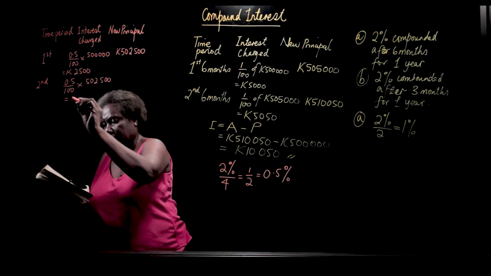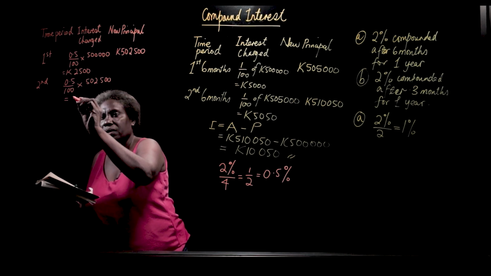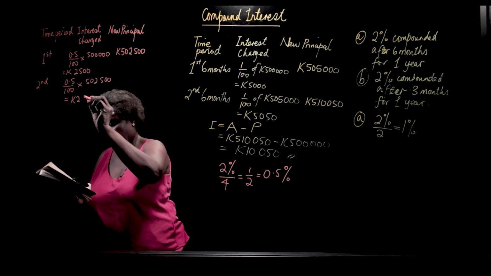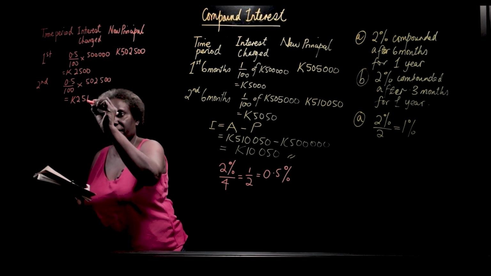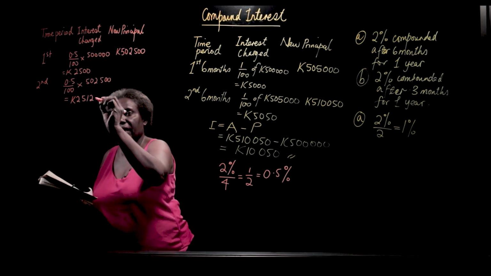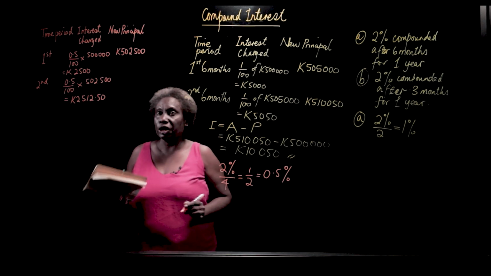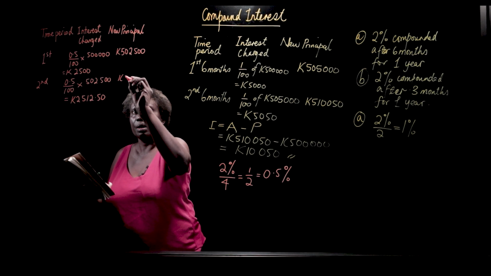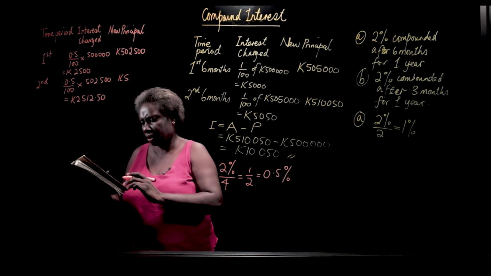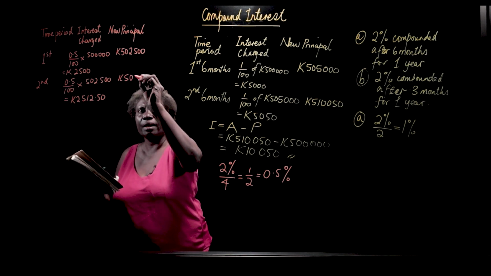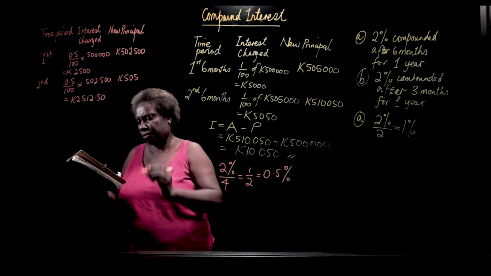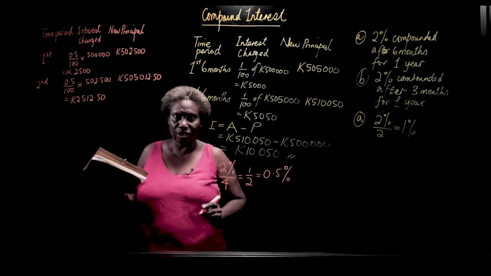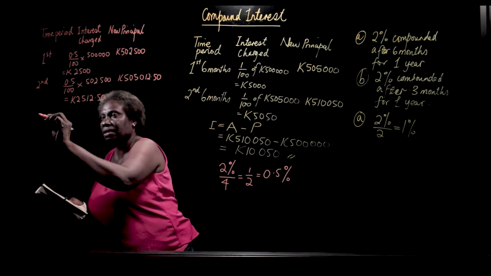The interest is 2,512 kina 50 toya. So the new principal at the end of the second quarter will be 505,012 kina 50 toya.